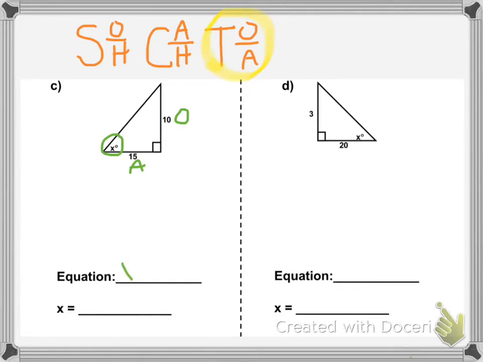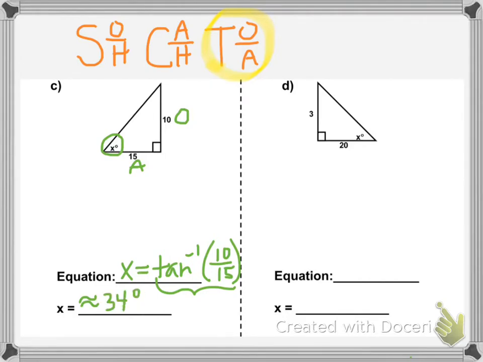So we'll write X for the angle measure we're trying to find is going to be equal to the inverse tangent of the ratio for tangent, which is O over A, or in this case 10 over 15. Type this into your calculator. Inverse tan of 10 divided by 15, and it rounds to about 34 degrees.